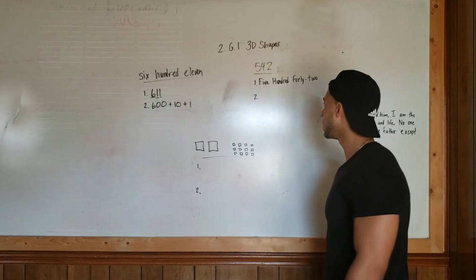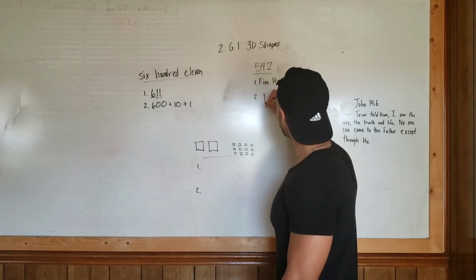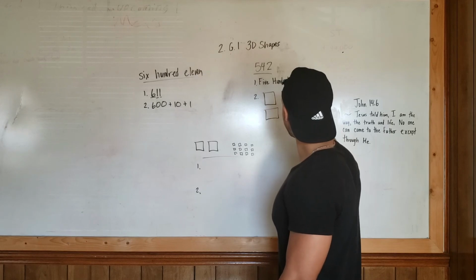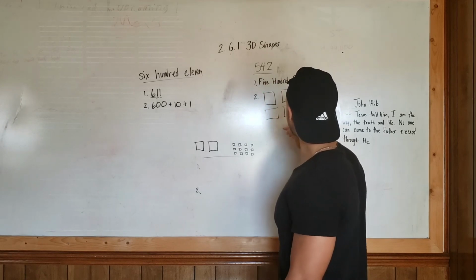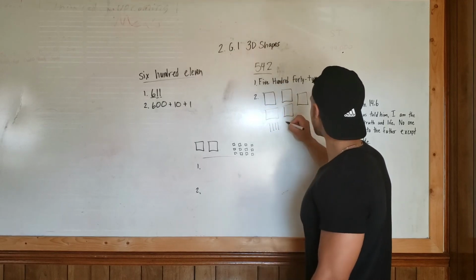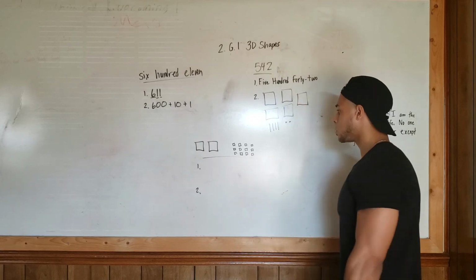We haven't used block form yet. So using your base 10 blocks to represent the number 542, you would need 500s: 100, 200, 300, 400, 500, then 42: 4 tens, 1, 2, 3, 4, and then 2 ones. 542.